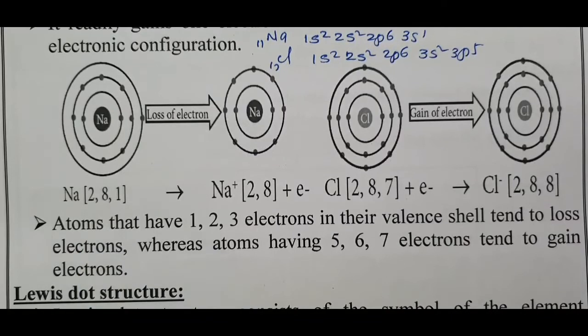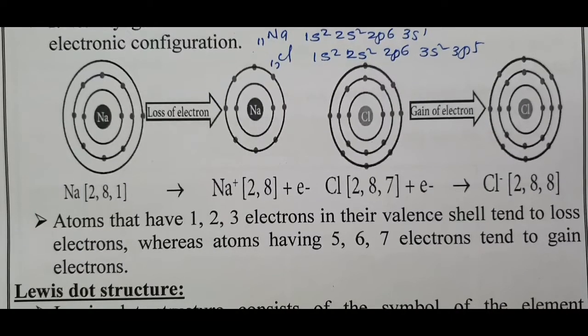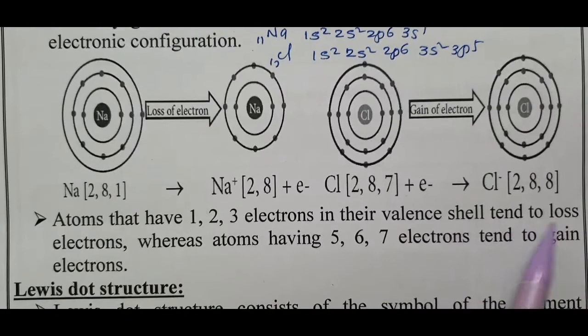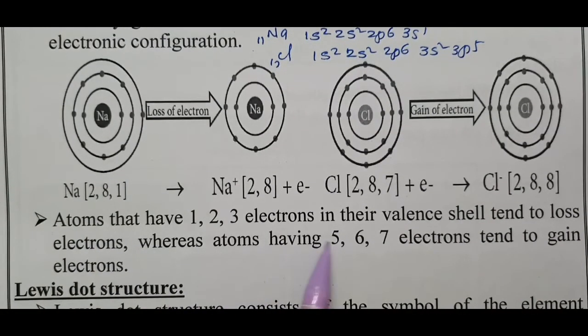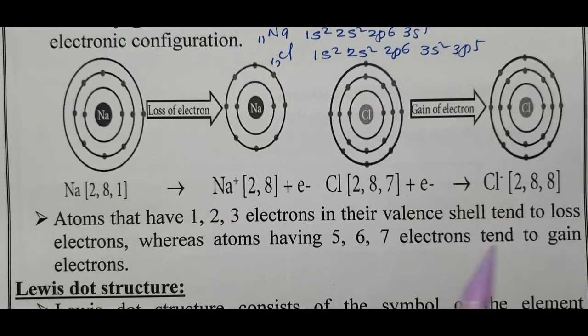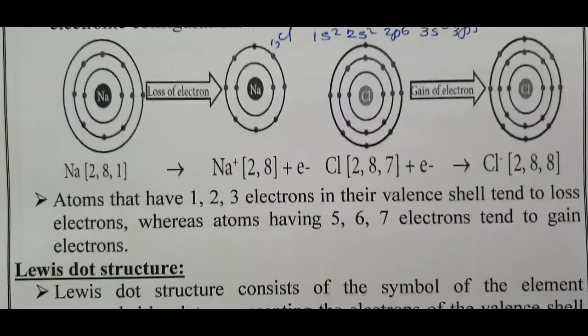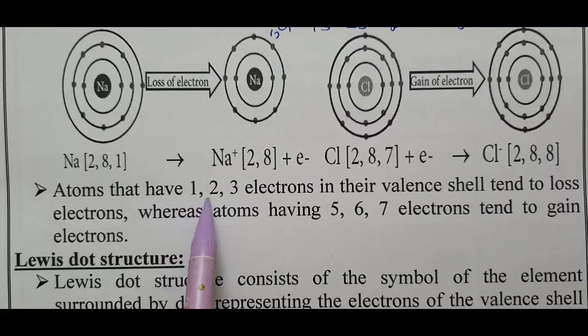Atoms that have 1, 2, 3 electrons in their valency cell tend to lose electrons, whereas atoms having 5, 7, 8 electrons tend to gain electrons. Like alkali metals, alkaline earth metals, boron group elements or other metals, if they have 1, 2, 3 electrons in the outermost cell, they lose those 1, 2, 3 electrons to get the octet structure.